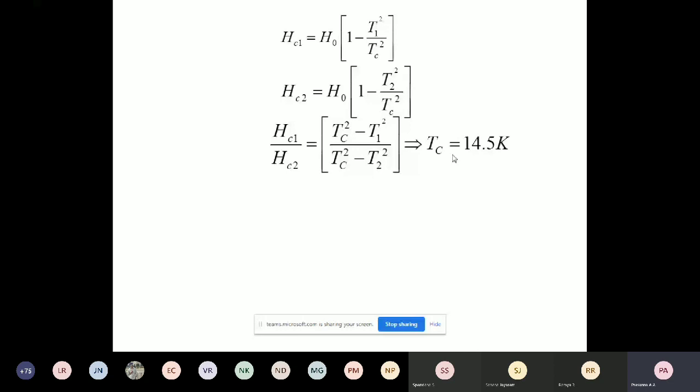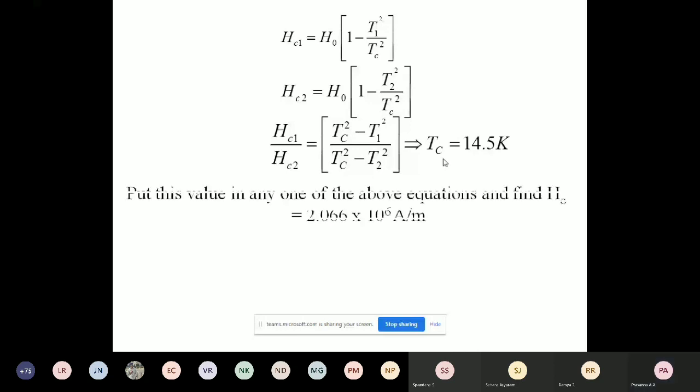That is one part. And substitute this value of 14.5 K in any one of the two equations and get the value of H0. Probably in my previous slide there was one error.